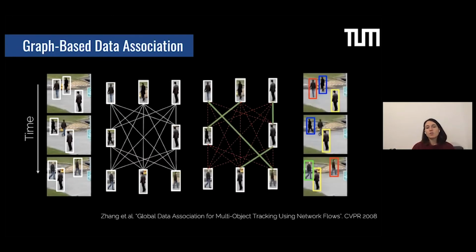And finally, to solve this graph in order to predict what are the most likely connections between detections. And these connections are going to form trajectories. So for example, if I say that this pedestrian is connected to this pedestrian in the next frame, and in turn, it's connected to this pedestrian in the third frame, this means that all these three bounding boxes represent the same person, and therefore I can create a trajectory of this pedestrian in these three frames.